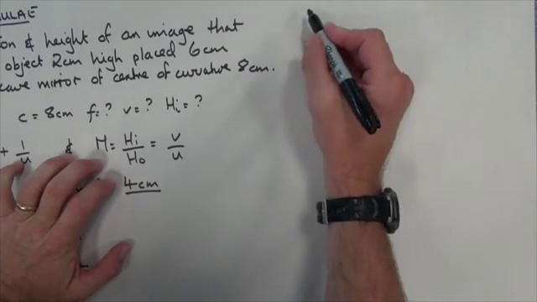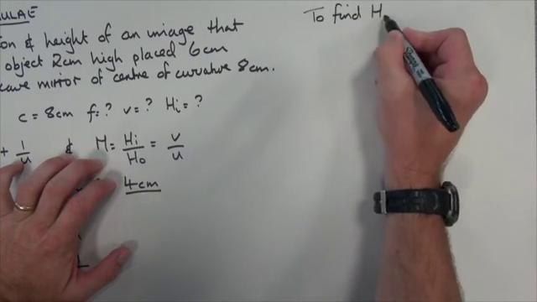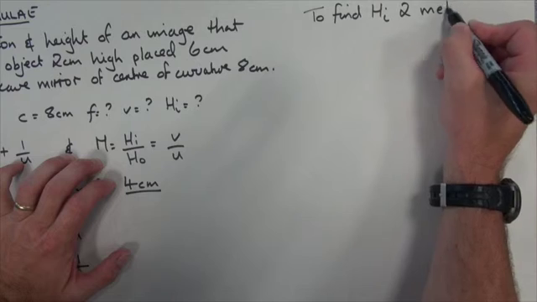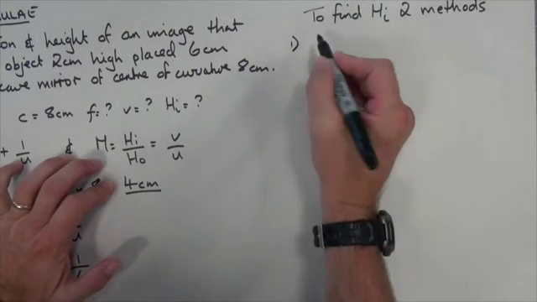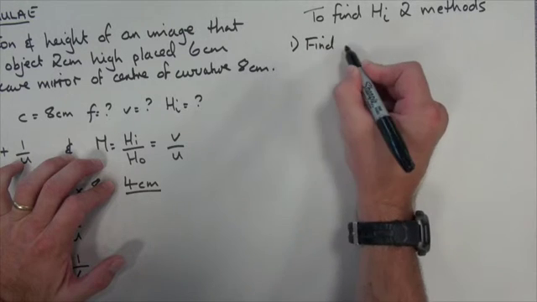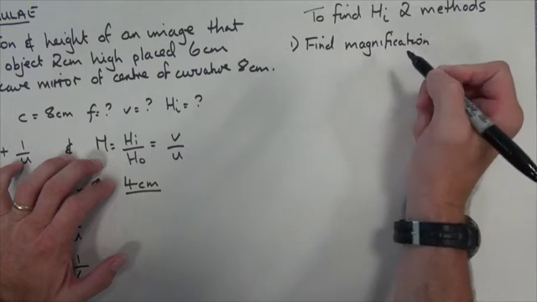Excellent. Now we'll find the height of our image, so we're going to be finding hi. There are 2 ways of doing this. The first method, which we're going to do, is using the magnification factor.